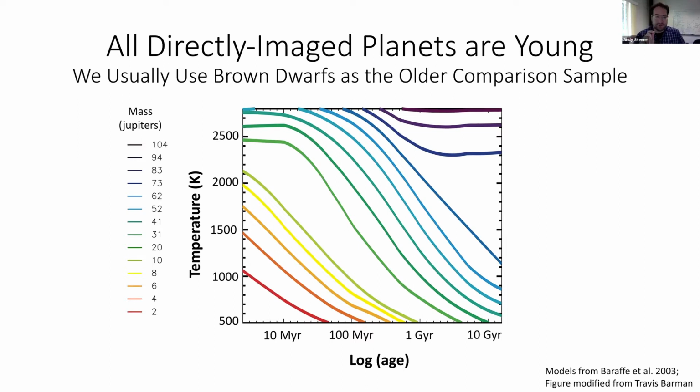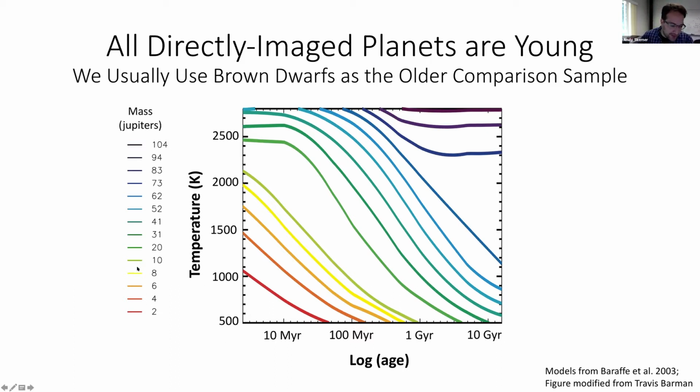directly imaged is young. So if you look at this plot, the x-axis shows age, the y-axis shows temperature, which is kind of like brightness, and then the colors are the different masses. Anything lower than 14 Jupiter masses is sometimes considered to be the boundary line between brown dwarfs and bona fide exoplanets.